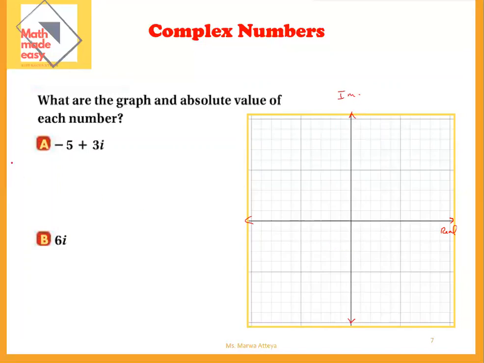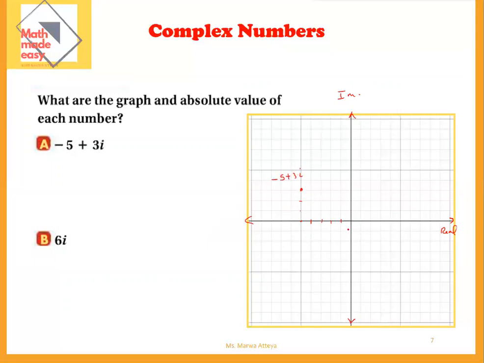Okay, so I have negative 5 as the real part, so I'm going to be moving left 5 units. So that's 1, 2, 3, 4, 5. So here we did represent the real part. Then the imaginary part is 3i, so we're going to be moving up 3 units. 1, 2, 3, and this is my number. This here is negative 5 plus 3i.